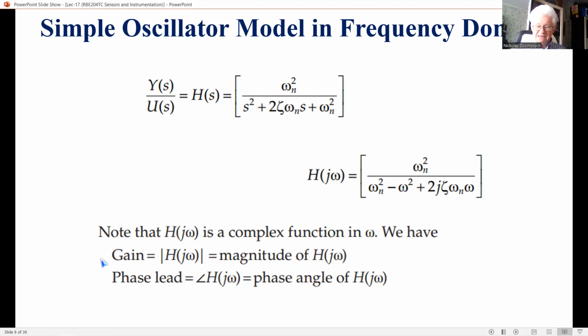The gain of H is the magnitude of H, and the phase lead is the phase angle of H(j omega). This represents the amplitude gain and phase lead of the output or response when a single input signal or excitation of frequency omega is applied to the system.